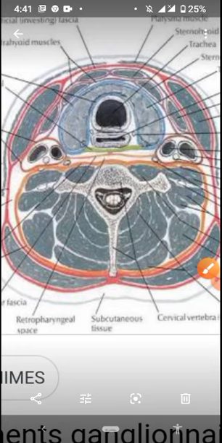Now we are going to discuss one important thing, the carotid sheath.